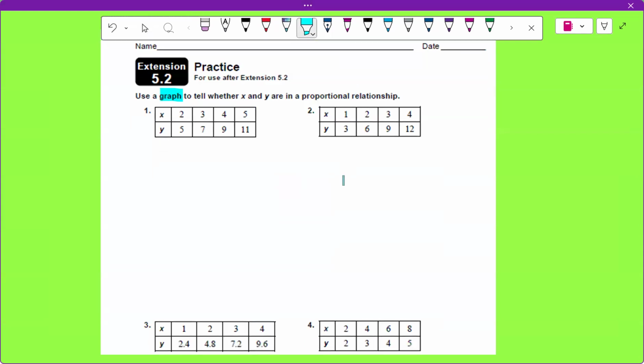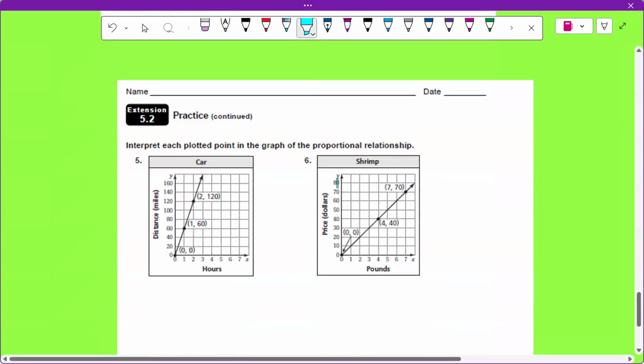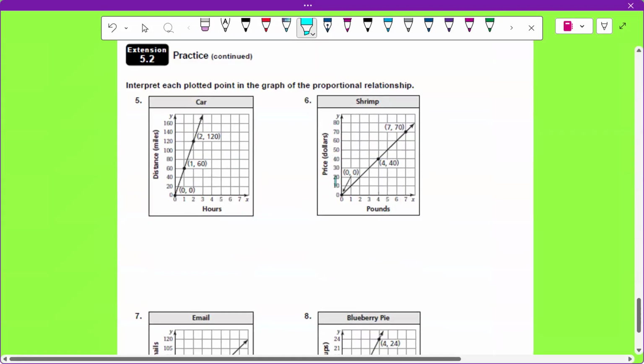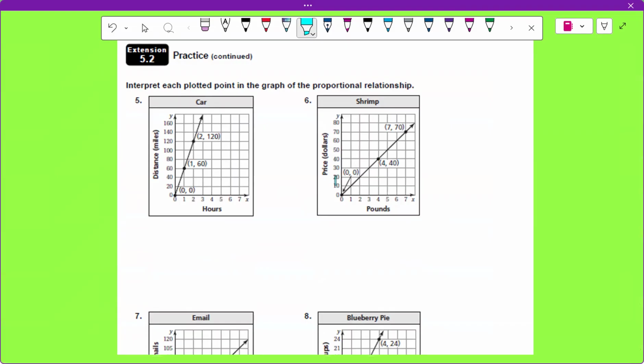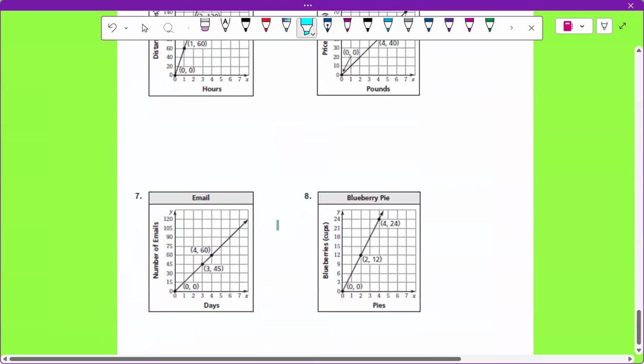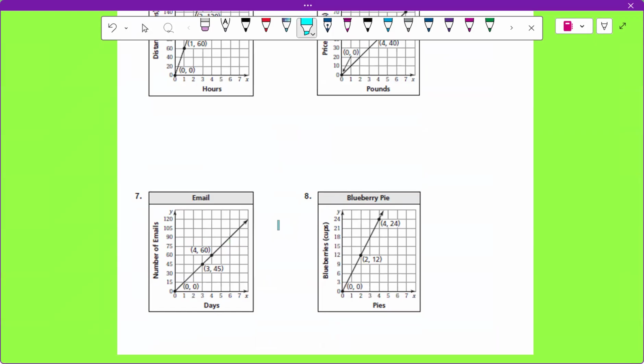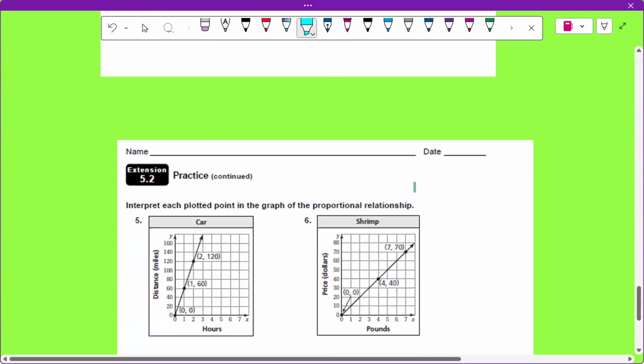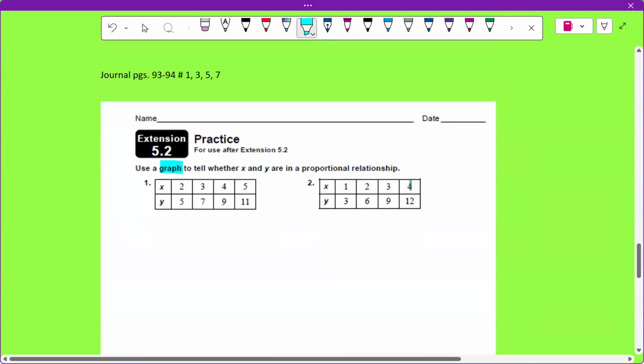So do that for 1 and 3. And then on 5 and 7, you're going to interpret each plotted point, and you're going to tell me what the unit rate is. Some graphs might give you the unit rate, and some might not. So you might have to set up a proportion or a ratio to figure out what that is. Give them a try. See you next time.